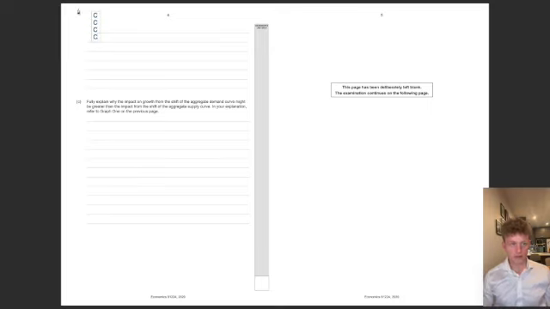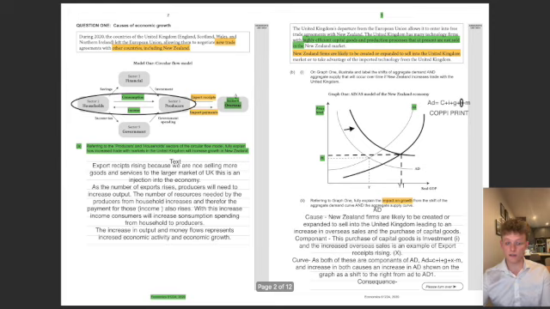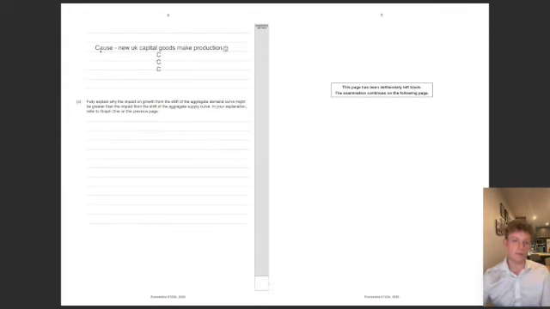C, C, C, C. My cause is going to be: new UK capital goods make production highly efficient. Let's check what they want us to say in the question.